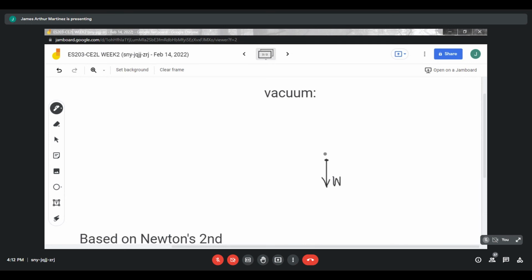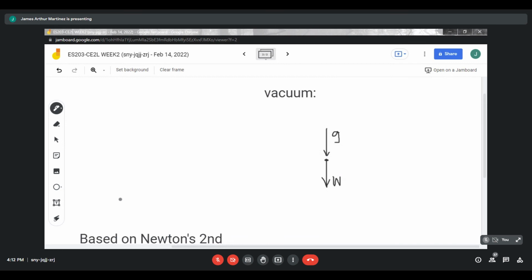Therefore, the acceleration produced by the weight of the particle, or the W, is the gravitational constant g, which acts in line with the W, or the weight. So the acceleration it produces is just the acceleration due to gravity.